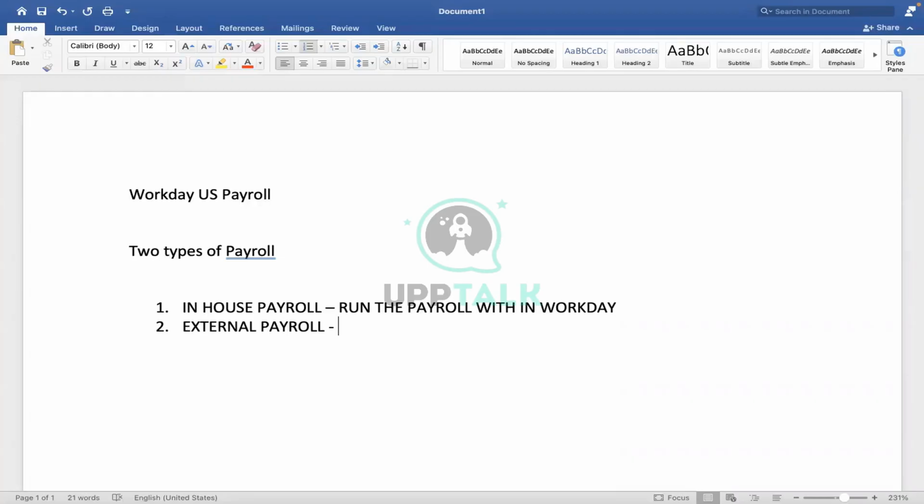They are also payroll vendors. Payroll will be processed by the external vendors.